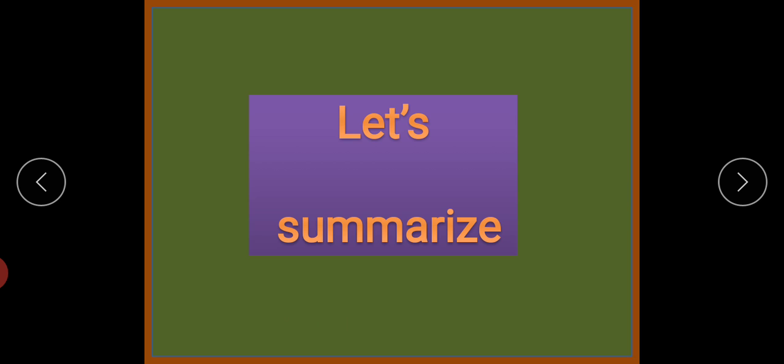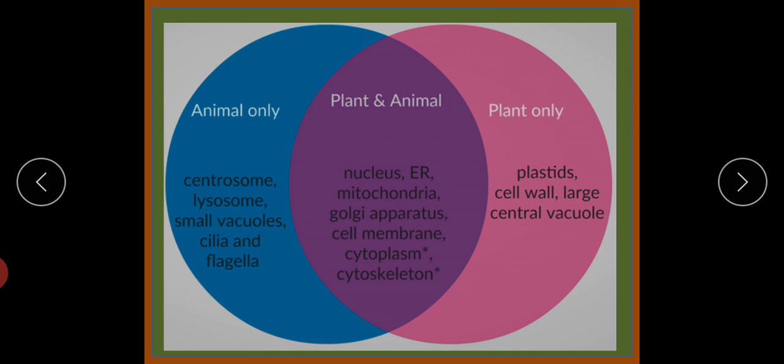Now let's summarize what differences we have seen just now. See, this diagram shows you in the blue structure, you can see those structures only present in animal cells. In the pink one, you can see those structures written which are present only in plant cells. Whereas in this purple area, the common structures are there which are present in both plant and animal cells.